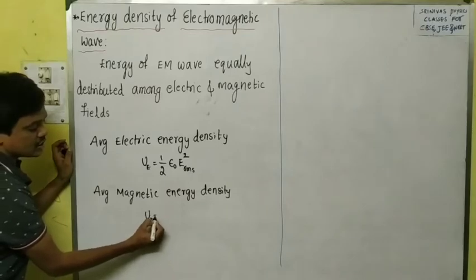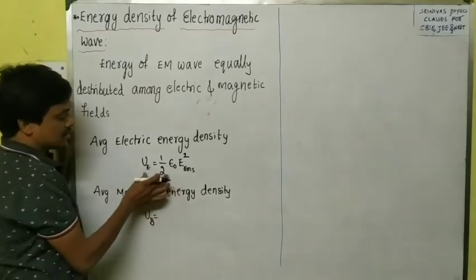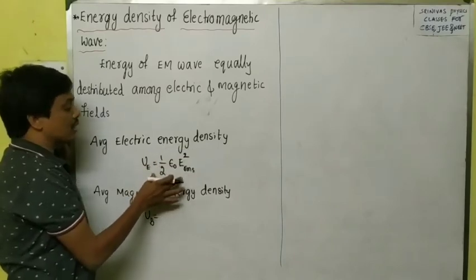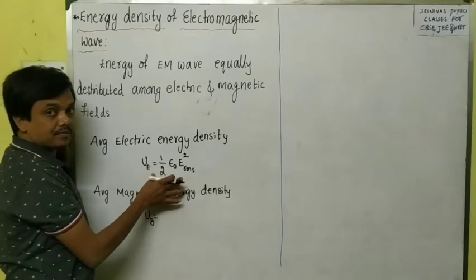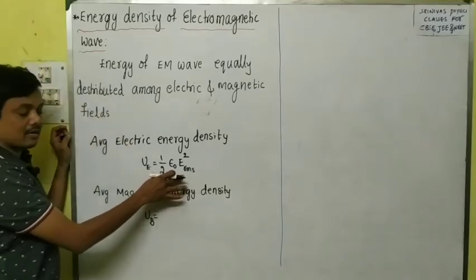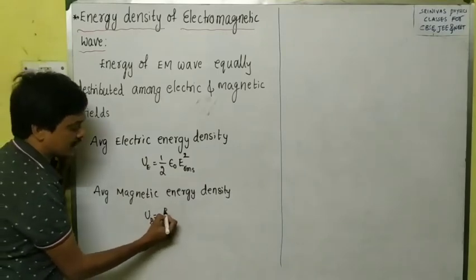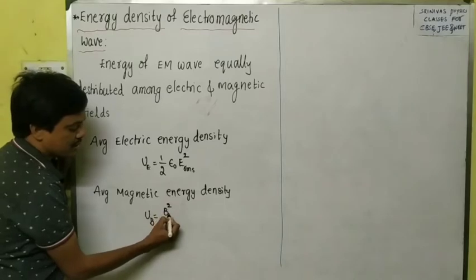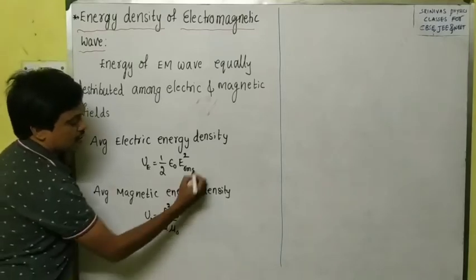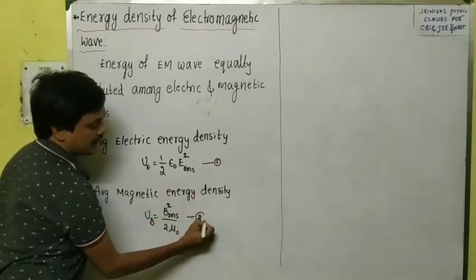It is equal to the energy stored in the solenoid per unit volume, just as the electric energy density is the energy stored per unit volume in the capacitor. Magnetic energy stored is half L i square, or we can write B square by 2 mu naught, but here B RMS square by 2 mu naught. This is the formula for the electric energy density. This is the formula for the magnetic energy density.